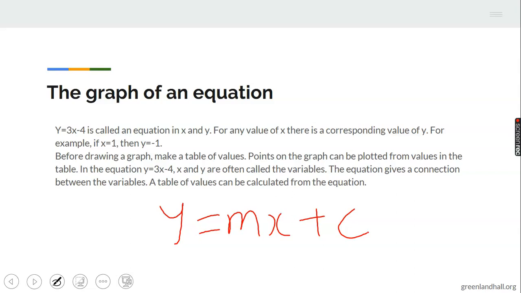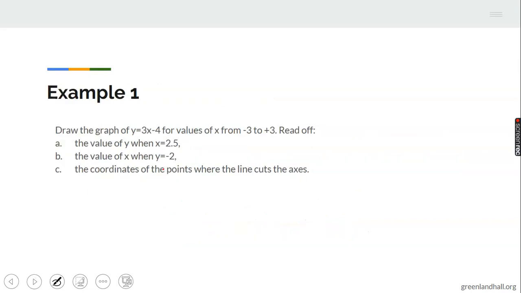Before drawing a graph, you must construct your table of values. Very, very important. We call x and y the variables. X is the independent variable, y is the dependent variable, because y will depend on x. So to any value of x, there's a corresponding value of y.